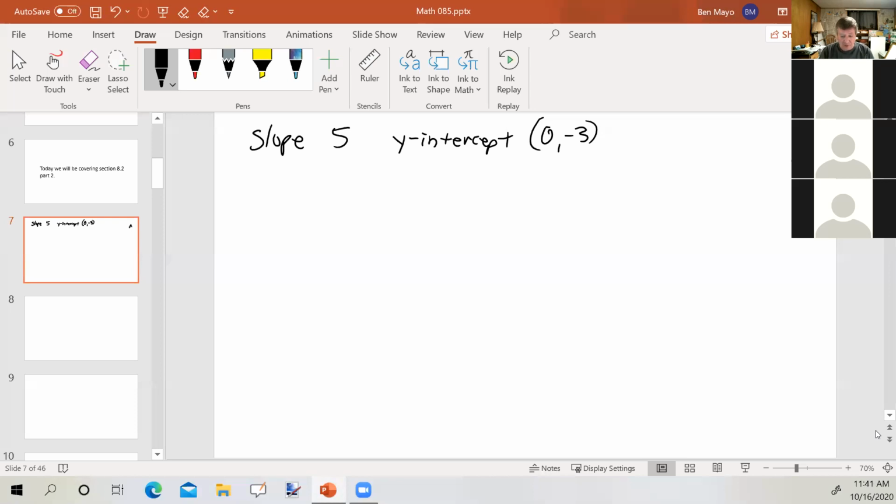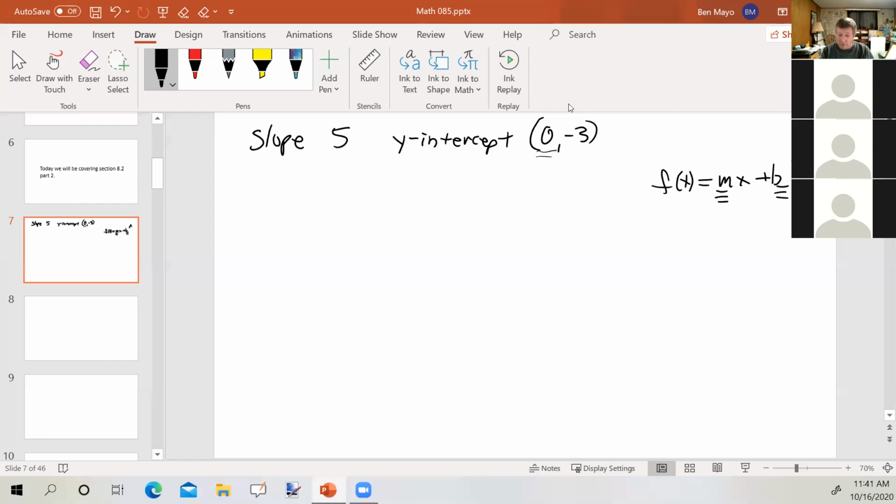An x-intercept has a y-coordinate of 0. So this y-intercept has an x-coordinate of 0. Now, we want to come up with a function, and we're going to write it in slope-intercept form. So when we get done, it's going to look like f of x equals mx plus b. But we're going to find the slope, and we're going to find the y-intercept.